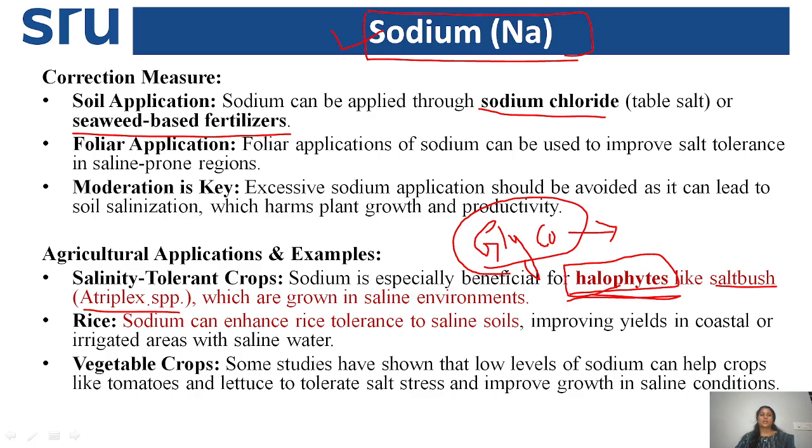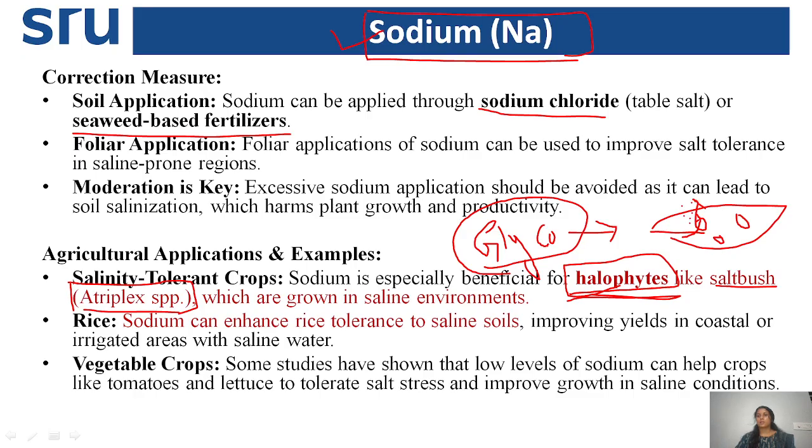These have tolerance mechanisms for sodium. In the leaf, near the stomata, they have salt glands. Atriplex has salt glands, and they directly excrete salt in a crystalline form.